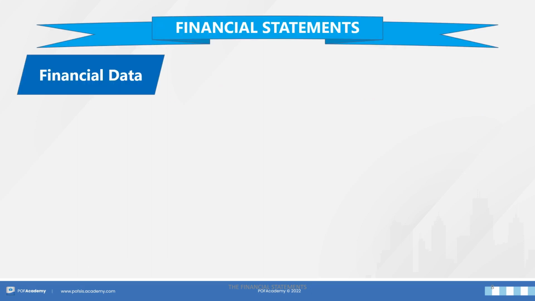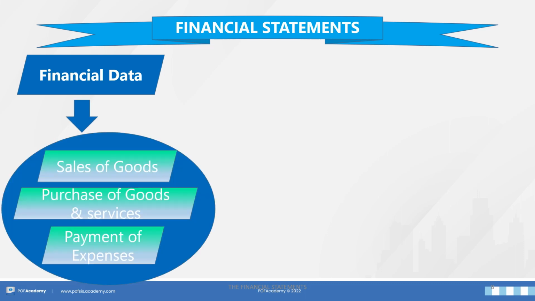Here is the illustration. First, we have the financial data, which is the actual transactions carried out by the business. For example, sale of goods, purchase of goods and services, and payment of expenses.